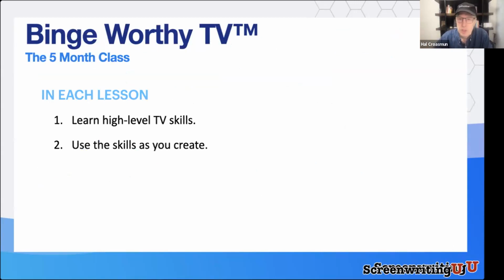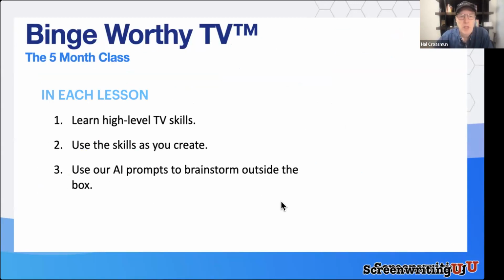You are going to use the skills as you create them. You are going to use the AI prompts to brainstorm outside the box on a regular basis. You are going to make the best decisions and then write. So imagine, what if you went through this with every part of this program?